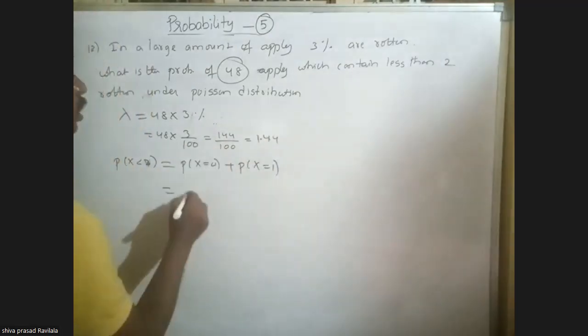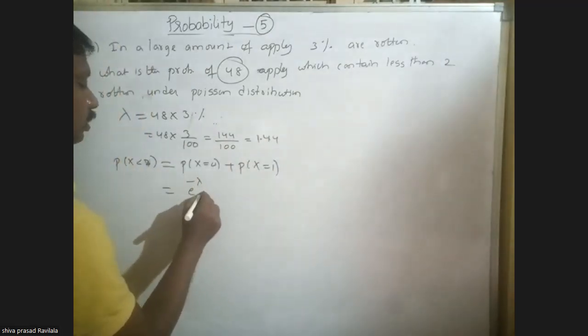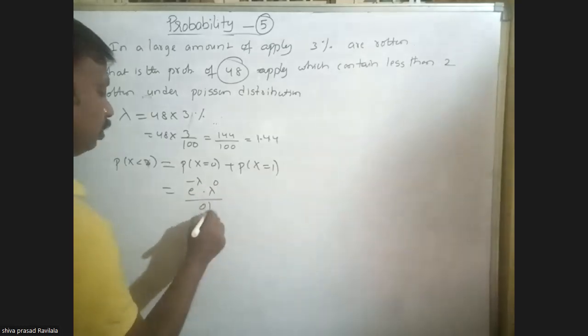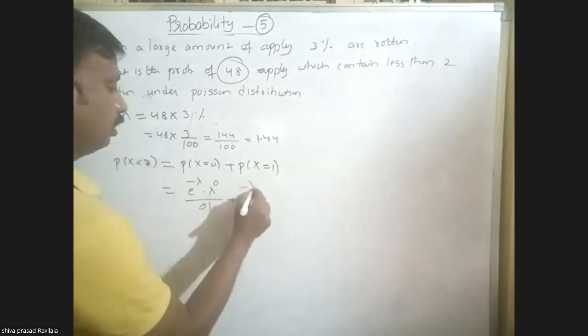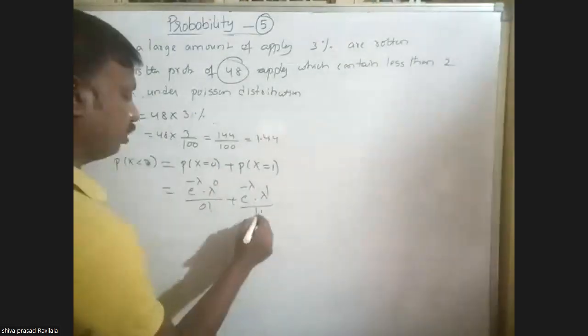For x equal to 0, the value is e power minus lambda into lambda power 0 by 0 factorial, plus e power minus lambda into lambda power 1 by 1 factorial.